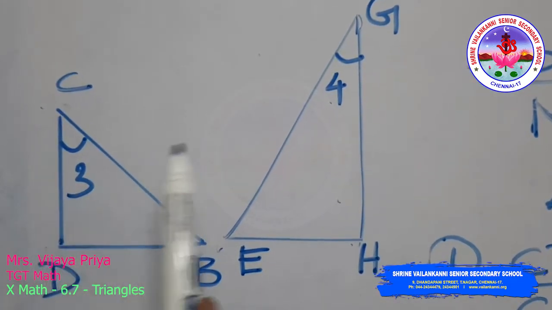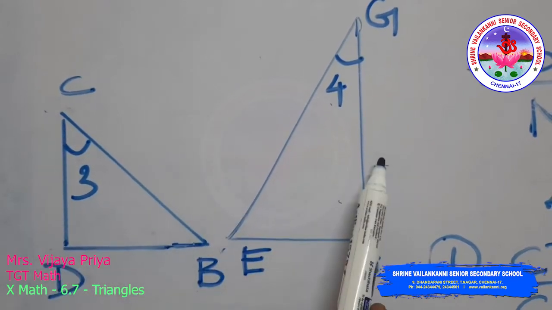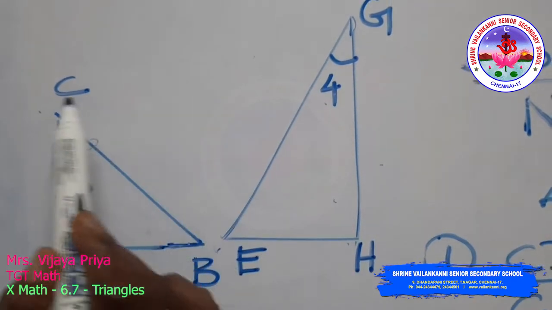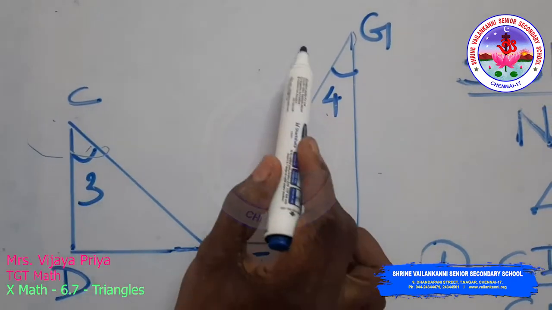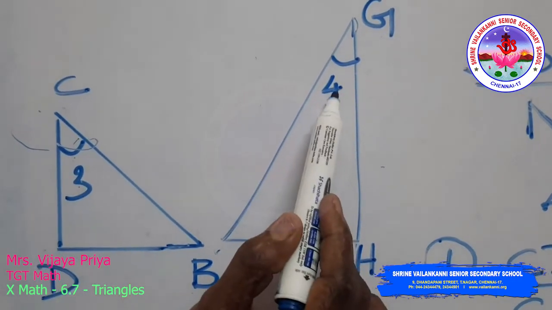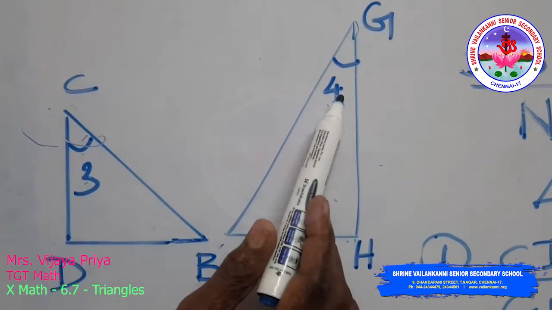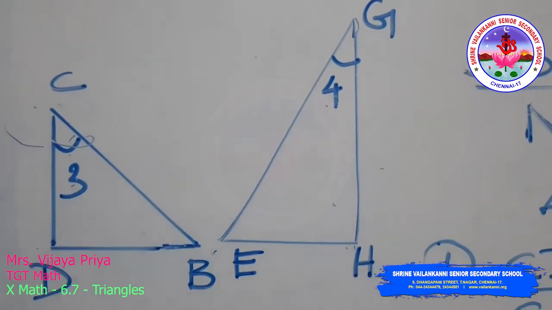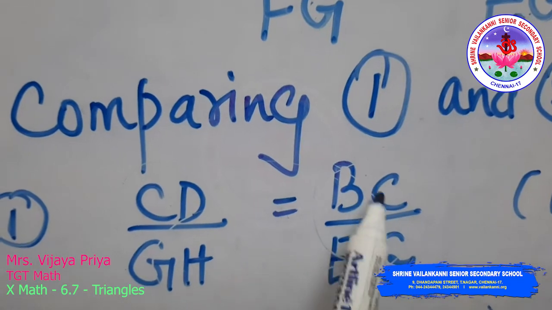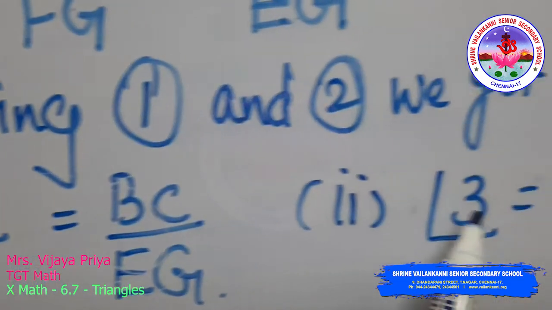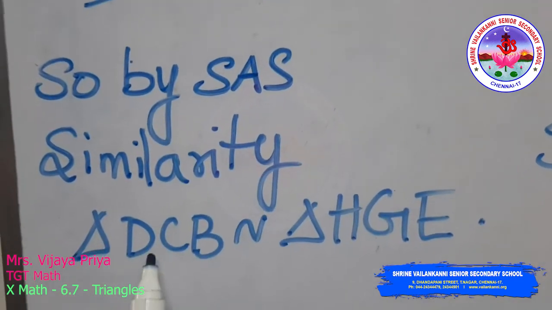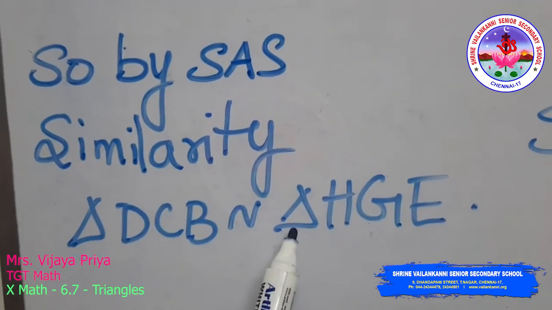So we got two sides of these two triangles in proportion, and as well we know that angle 3 is equal to angle 4, since the entire angle C is equal to the entire angle G, so my half of C will also be equal to half of G. So I got angle 3 is equal to angle 4. So CD by GH is equal to BC by EG, and the second one, angle 3 is equal to angle 4. By SAS similarity, triangle DCB is similar to triangle HGE.